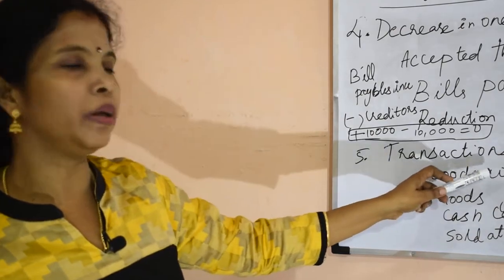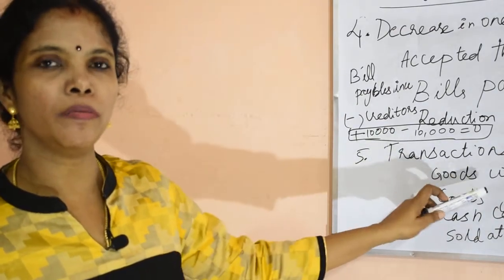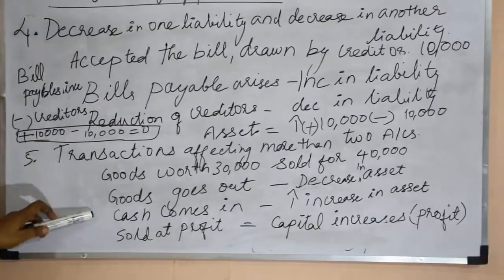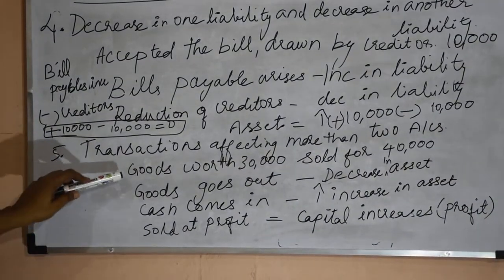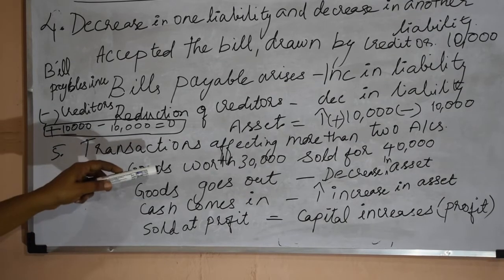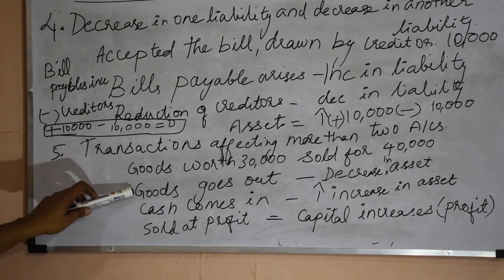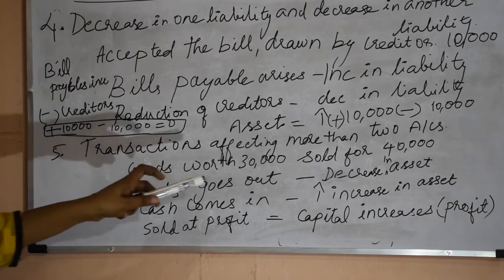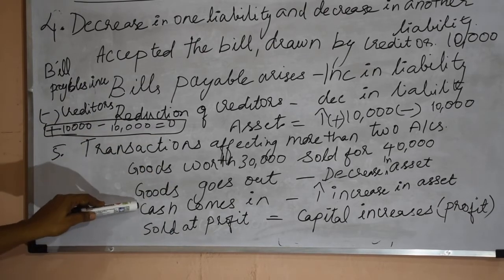Here, goods worth rupees 30,000 sold for 40,000. From this point we are going to see the goods we are selling for 40,000. Here goods are going out from the stock, so a decrease in the asset. Here cash comes in.